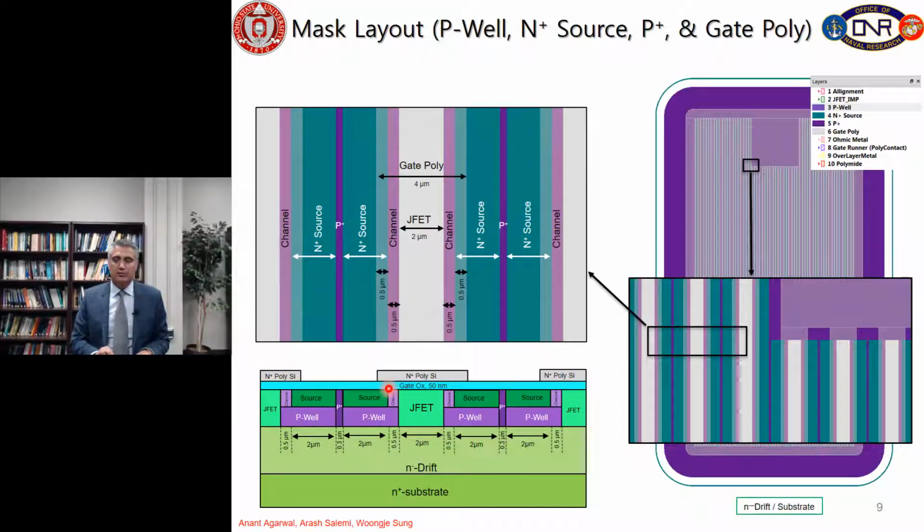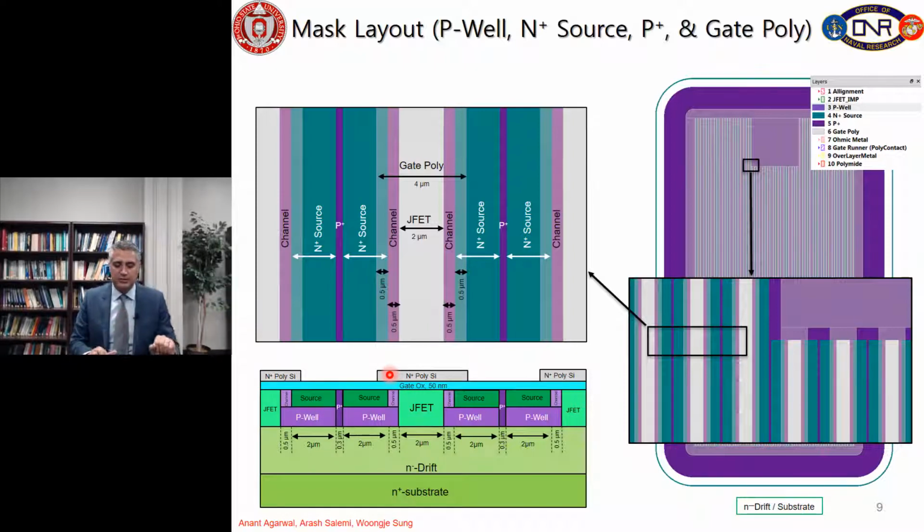Suppose that we don't have any overlap, and we have a misalignment, for example 1 micrometer to the right hand side. Then the polysilicon could start from this point to the right hand side. In this case, we don't have any gate over the channel, and if we don't have any gate over the channel, it means that we don't have any current on the left hand side.